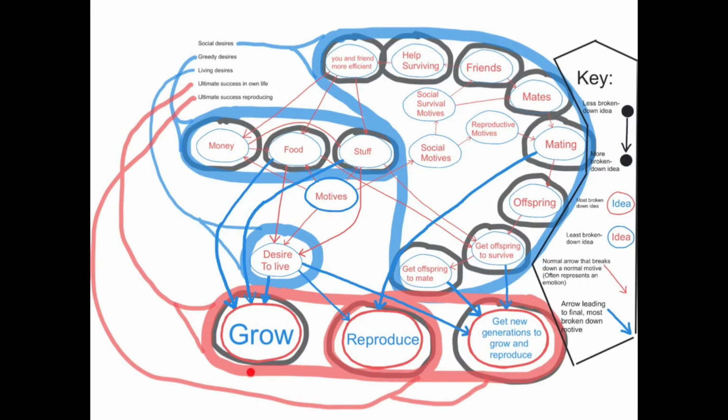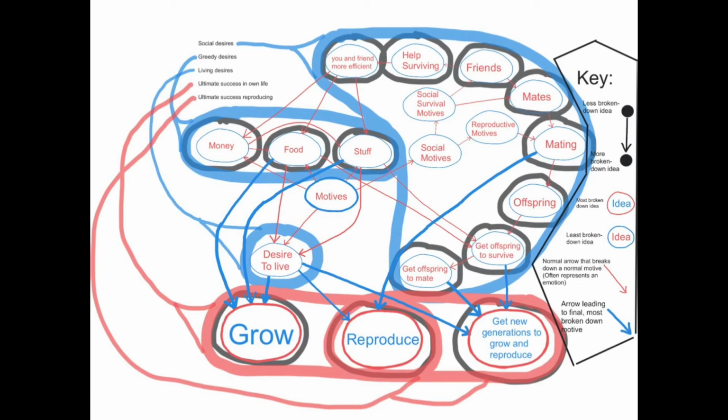And the three results of all those are circled. So pretty much each group makes one or two of the results. So money, food, and stuff, combined with the desire to live, all funnel in to grow.